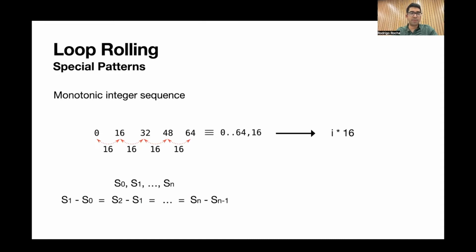If this requirement holds, then we can produce the code inside the loop to represent this sequence. And the general formula would be the first value of this sequence, S0, plus the iterator times the difference between two adjacent values, in this case, S1 minus S0.